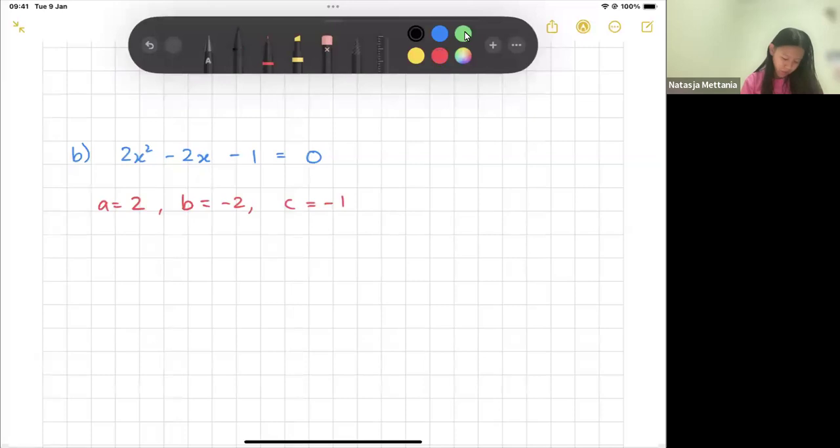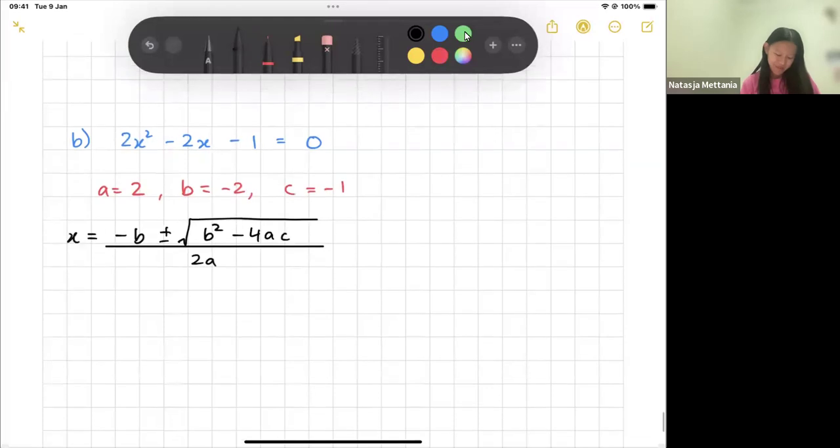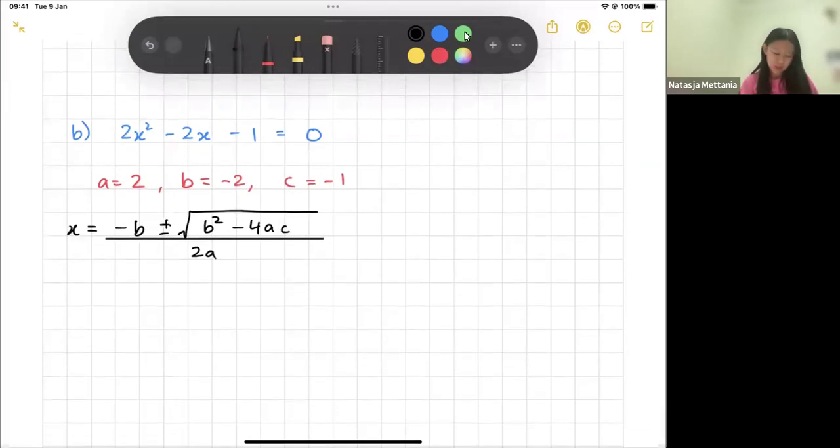Then I'm going to write down my formula. X is equal to minus B plus or minus square root B squared minus 4AC, all over 2A. Now from here on out, substitute, simple as that.